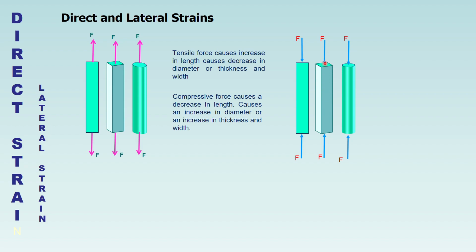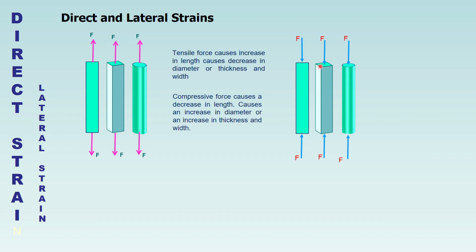So any changes in the direction of the force, divided by its original dimension, that means the original length in this case, you get what we say is direct strain. Other than that, look at the width and the thickness. This compressive force will cause the length to decrease, shortening, but the width and the thickness will increase.